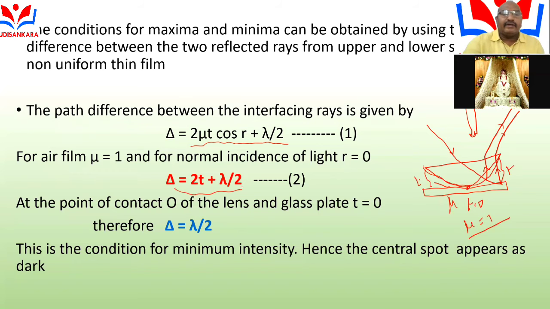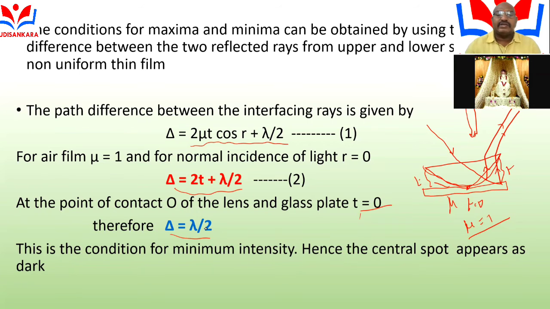At the point of contact, t is equal to 0, so the path difference is lambda by 2. This is the minimum intensity condition, hence the central spot appears dark. Why does the central spot appear dark? Because the incident light and reflected light are both out of phase.